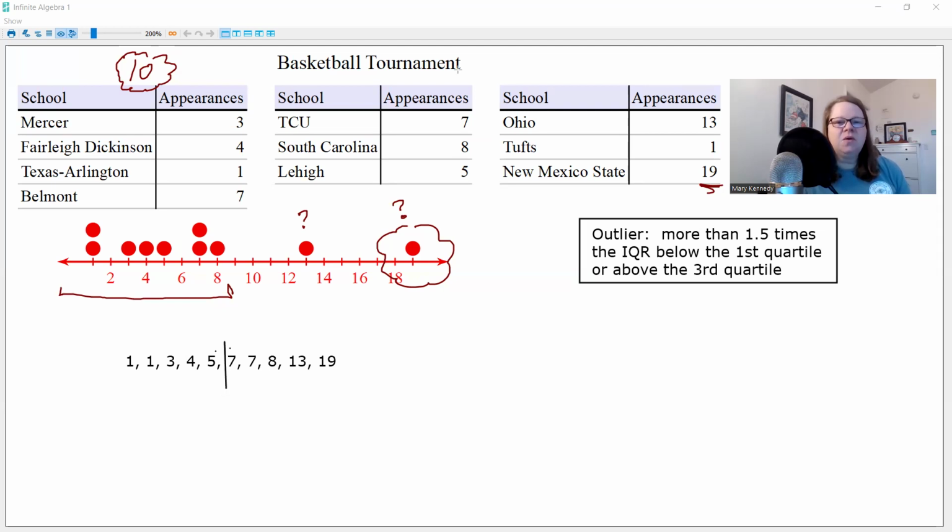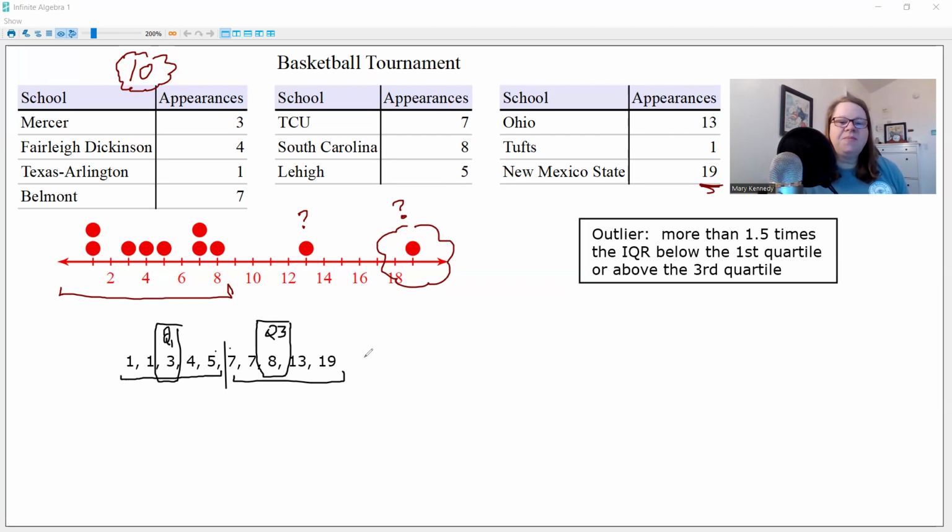The first quartile is the median of the lower half, which is 3. So Q1 is 3. And then the median of the upper half, so Q3 is 8. Let me put a box around that. That's kind of nice that we're just finding the middle of those two.